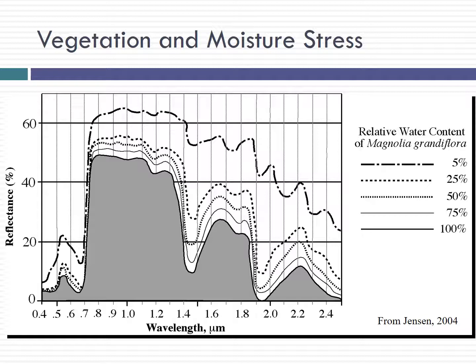The area that's below it is indicated as the gray part of this map. As the water content drops to 75%, 50%, 25%, and 5%, you can see how in some places these patterns change a lot.